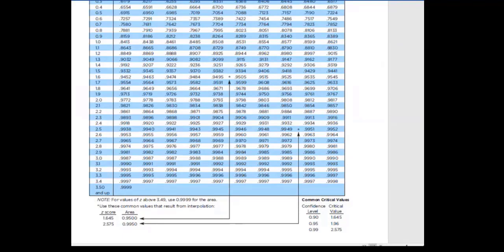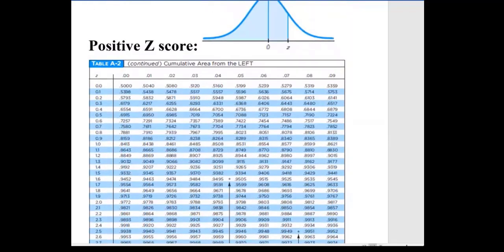So what is area to the right of 1.645? 1 minus that. The area to the left is 0.95, but the area to the right of this number is the same as the area to the left of the negative number by symmetry.